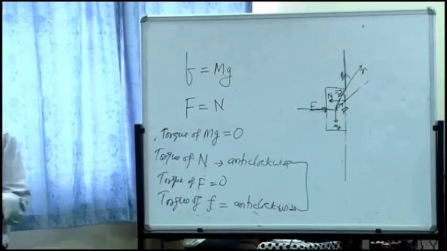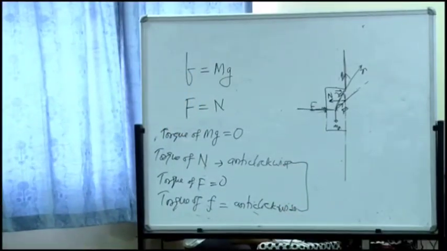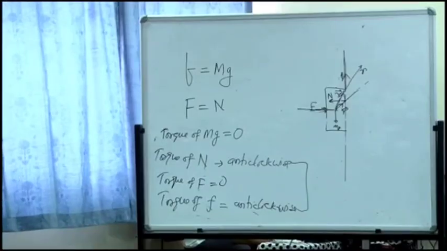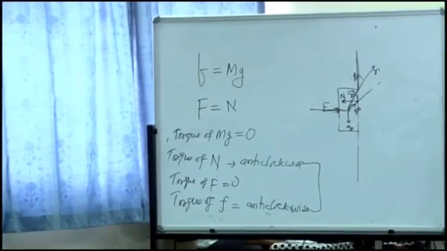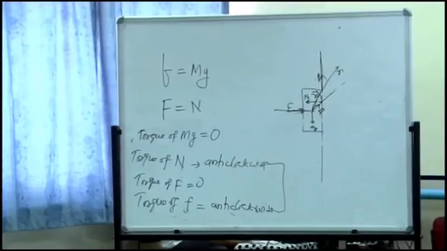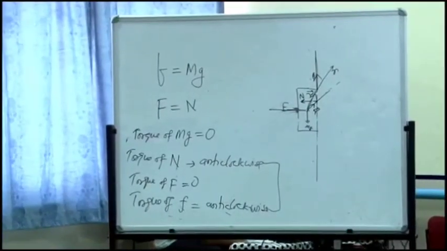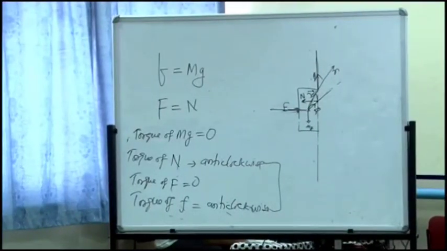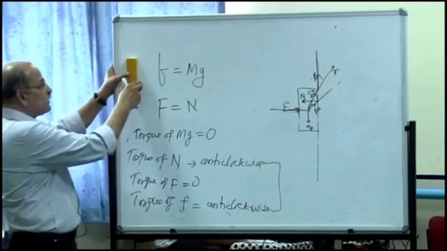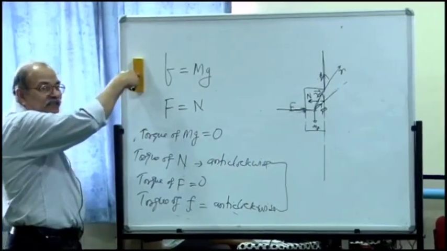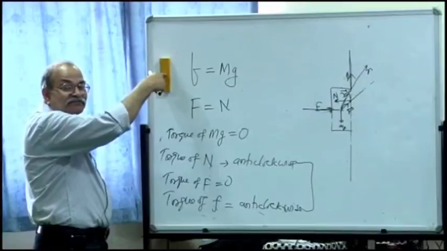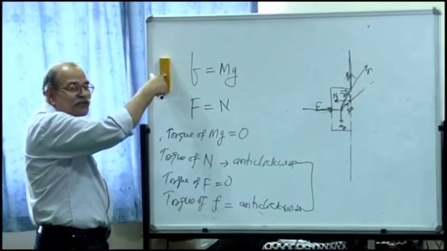The total torque cannot be 0 in this situation. Both the torques are anti-clockwise and the remaining two torques are 0. So the total torque has to be 0. It is in rotational equilibrium, see. It is in equilibrium, the total torque must be 0.